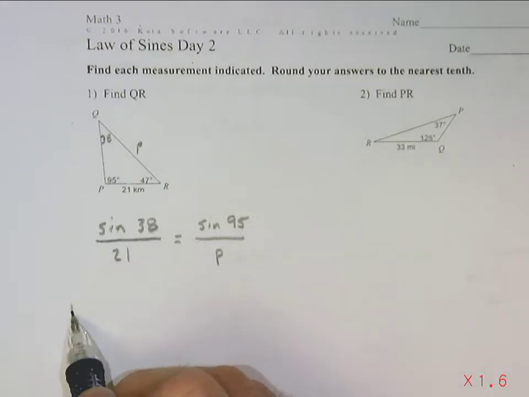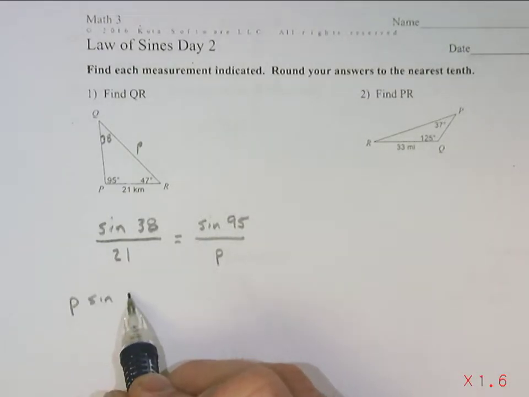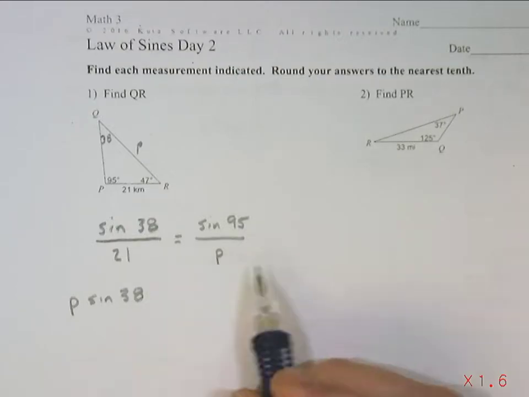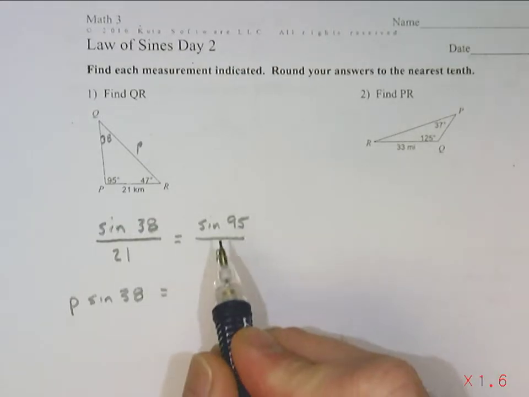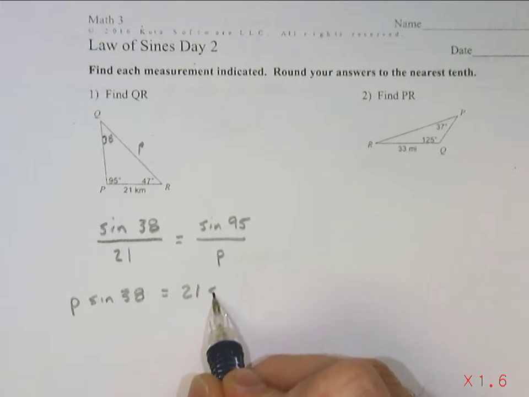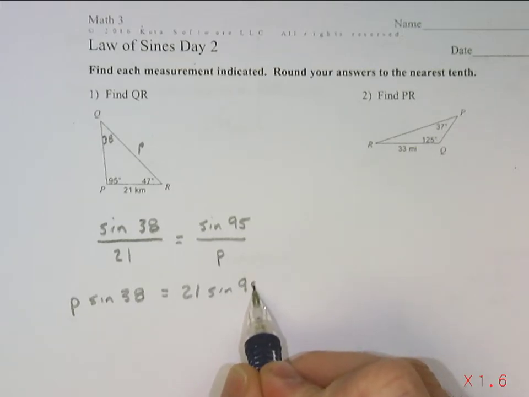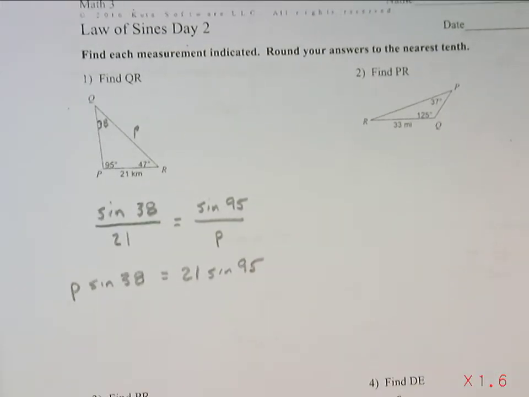So p I'll place in front of the sine of 38 so I don't accidentally multiply it by the 38, and that ratio is equal to 21 times sine of 95. So to solve for p, we need to get rid of sine of 38 by a quick little division.